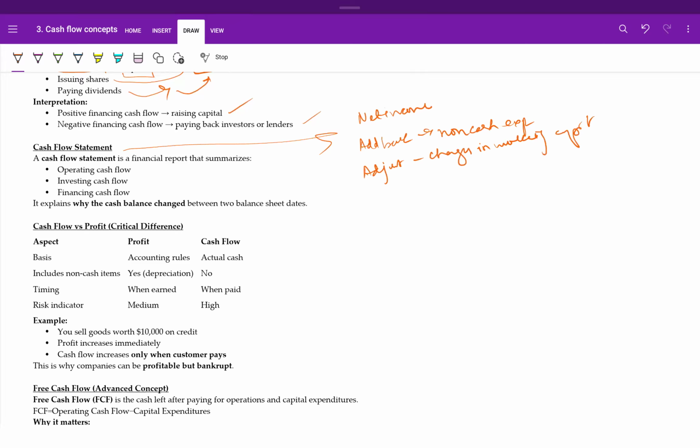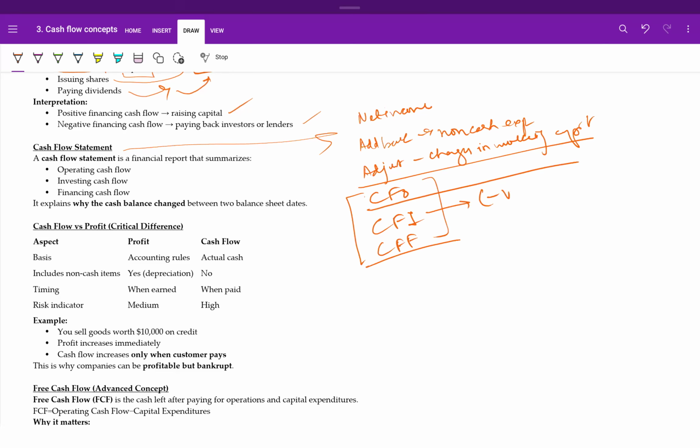And this gives us our cash flow from operations. Then there are the changes in cash flow from investing and changes in cash flow from financing. When we add all these three, it can be negative or positive, and we prefer that it's positive.